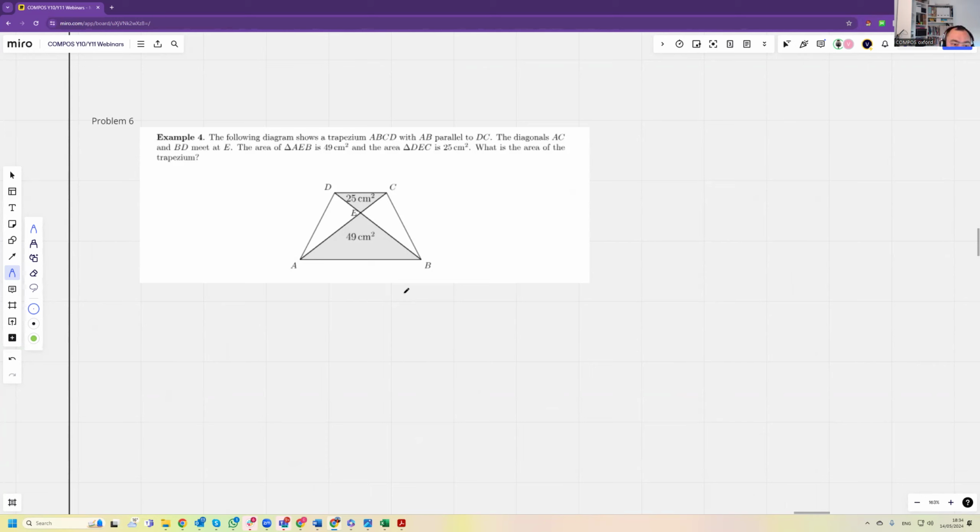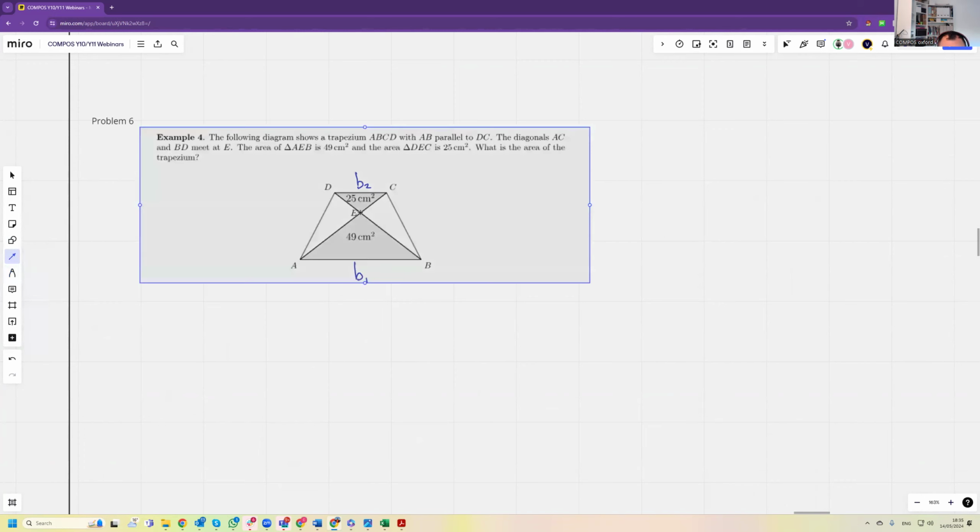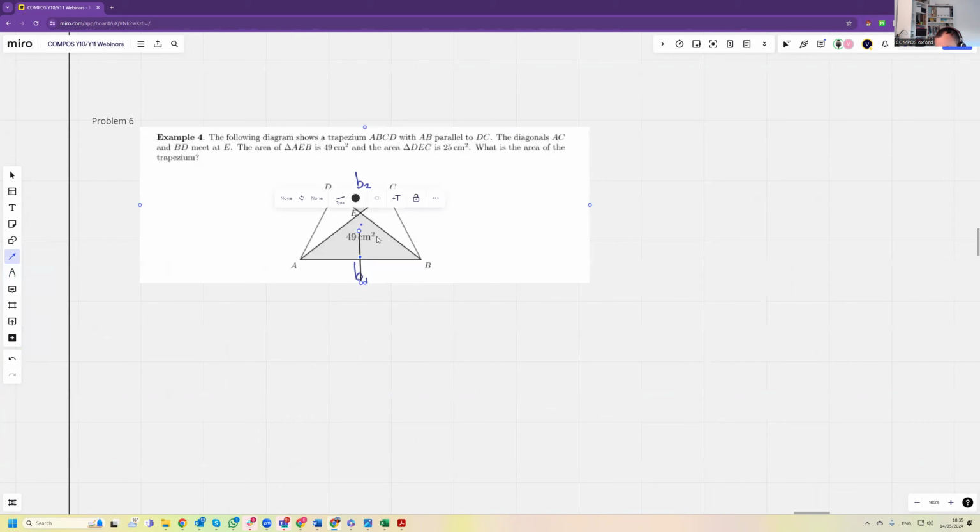Okay, so let's use some notation. We're going to call this B1 as base 1, and this B2 as base 2. We're going to draw the height from E and call it H1, and we're going to draw this height and call it H2.